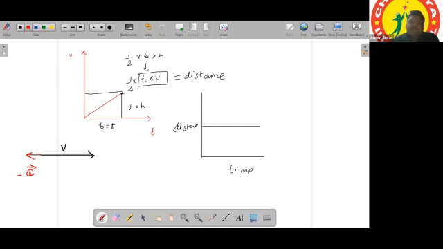A similar situation you experience in everyday life is throwing a ball in the upward direction. You give it a velocity in the upward direction, but gravity gives it an acceleration in the downward direction.